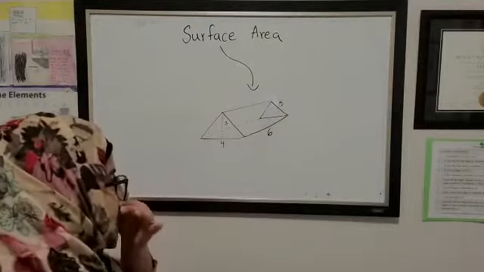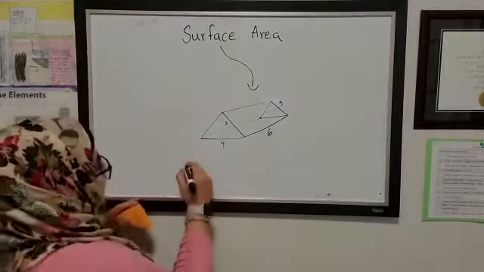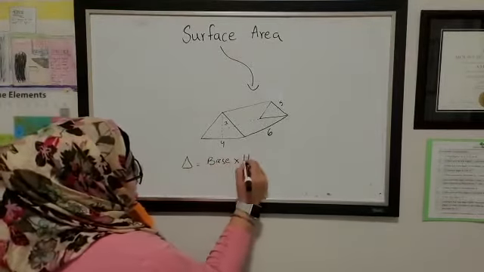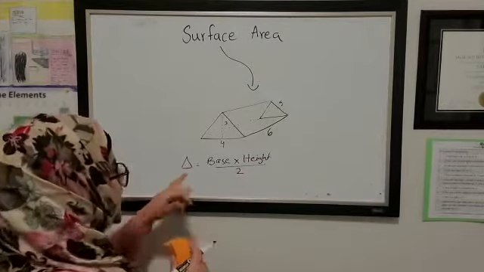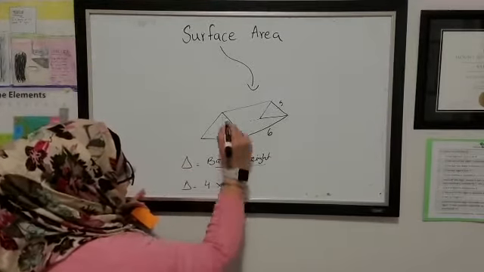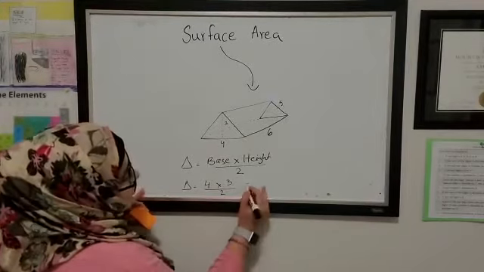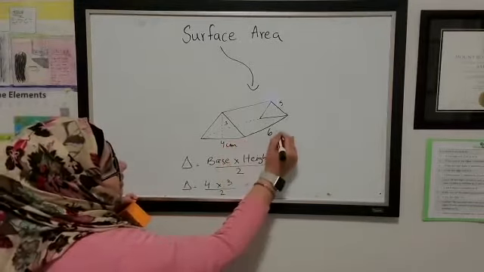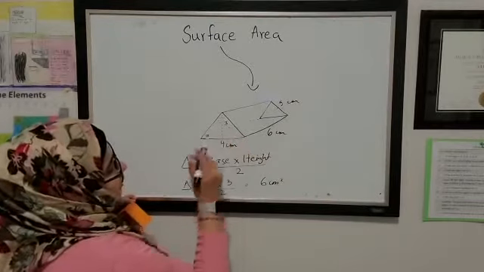First we have to find the area of the triangle. We will use the simple formula for the area of a triangle, base times height divided by 2. If our base is 4 and height is 3, 4 times 3 is 12, divided by 2, we get 6. Let's use the unit centimeter, so 6 centimeters squared is the area of this face.